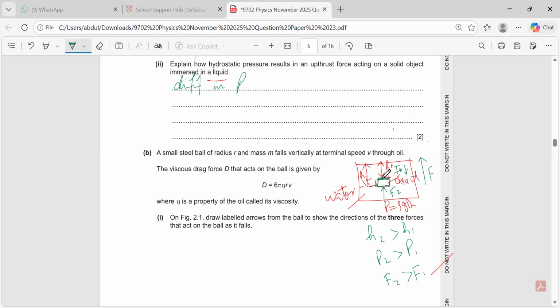Difference in pressure at top and bottom of object causes an unbalanced force.